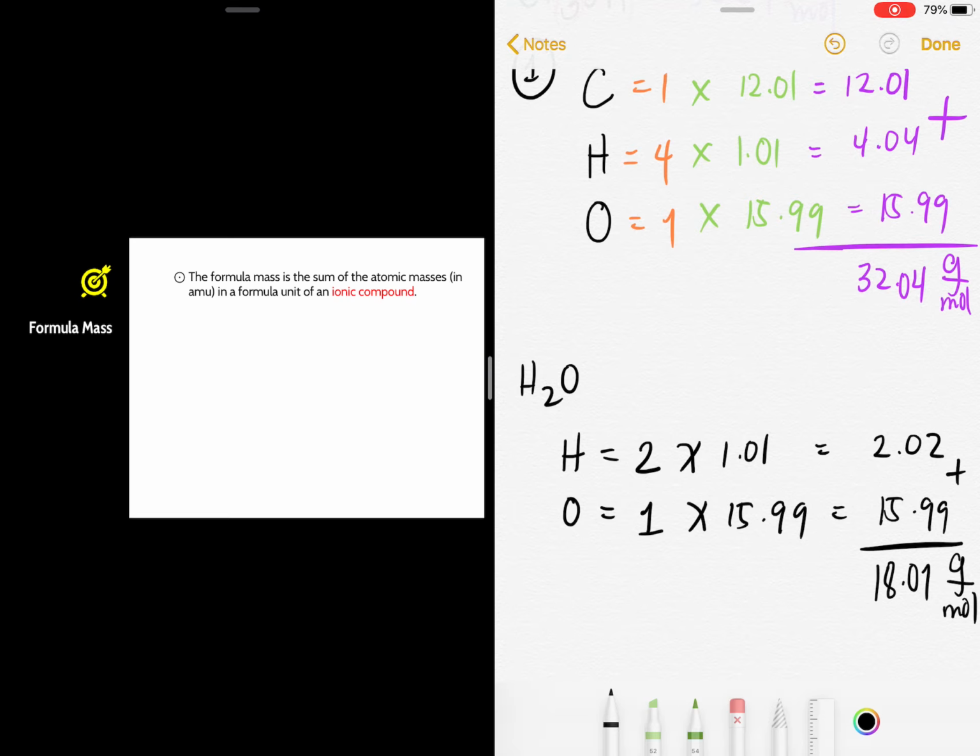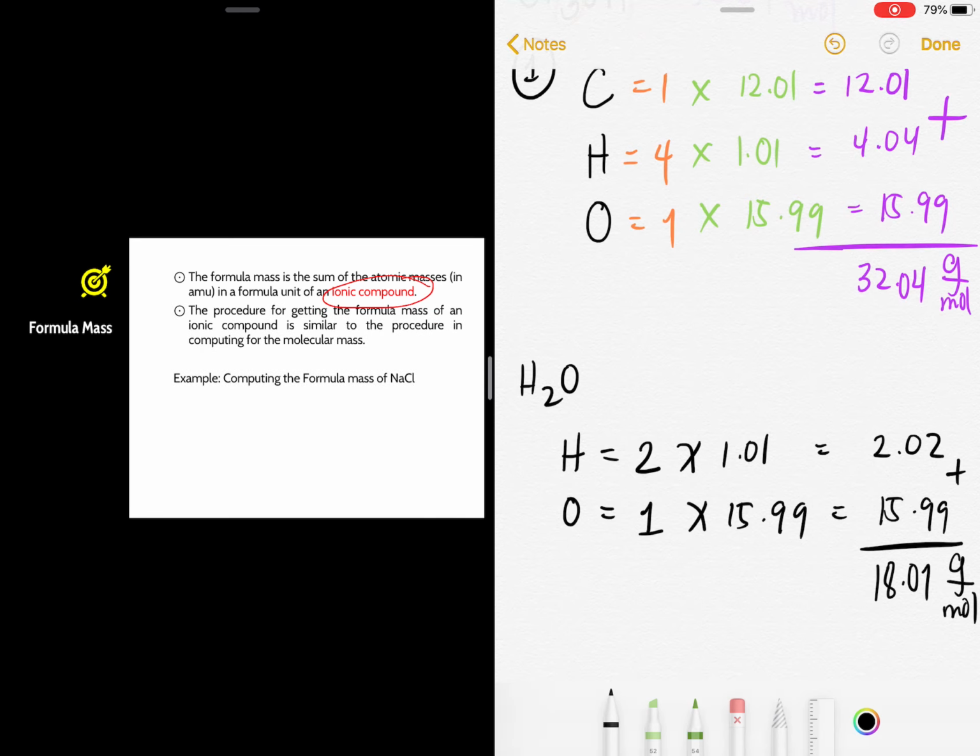Ang pinagkaiba lang, pag formula mass, specific siya for ionic compounds, no? Your salts such as sodium chloride, potassium chloride. Pero actually, parehas lang sila. Yung steps kung paano ka kukuha ng formula mass, parehas lang din sa pagkuha ng molecular mass. Specific lang si formula mass for ionic compounds.